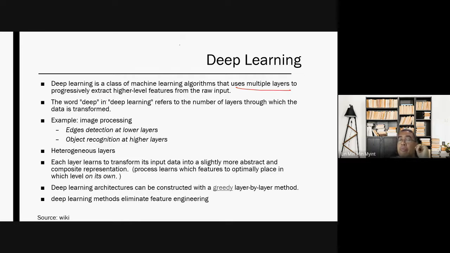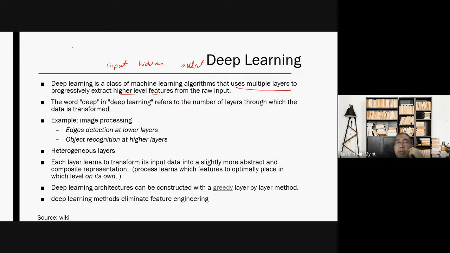In the origin of the neural network, it had only the input layer, one hidden layer, or sometimes two hidden layers, and the output layer. But in deep learning, the hidden layers number more than two. Many layers progressively extract higher level features from the raw input.